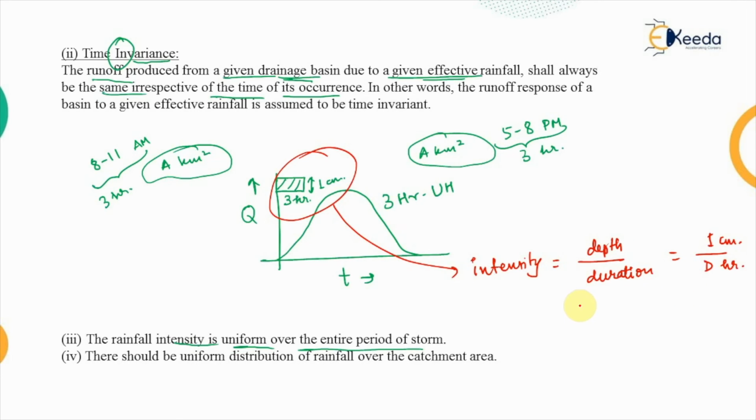So the intensity will be 1 by d centimeter per hour, and that is constant over the entire period of the storm. The next assumption is that there should be uniform distribution of the rainfall over the catchment area. That means throughout the catchment area, the rainfall must be similar. It should not happen that on one side the rainfall is more and on the other side it is not happening at all. So due care must be taken.